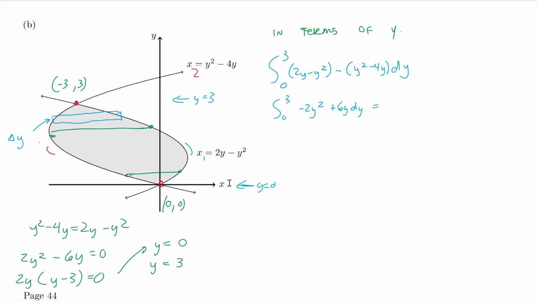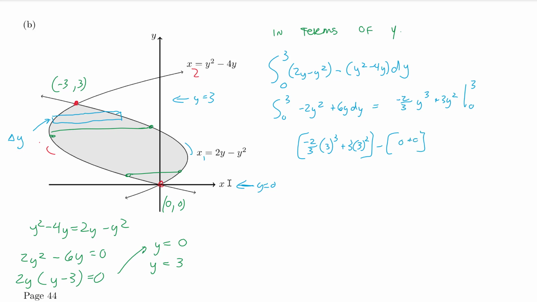Now we can find this integral by using the fundamental theorem of calculus. So we'll take the antiderivative, negative 2/3 y cubed plus 3y squared, and we're going to evaluate from 0 to 3. And when we do that, we get negative 2/3 times 3 cubed plus 3 times 3 squared minus 0 plus 0.